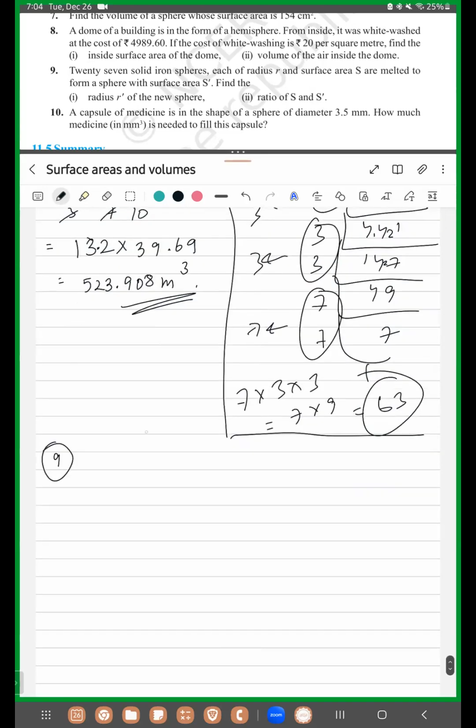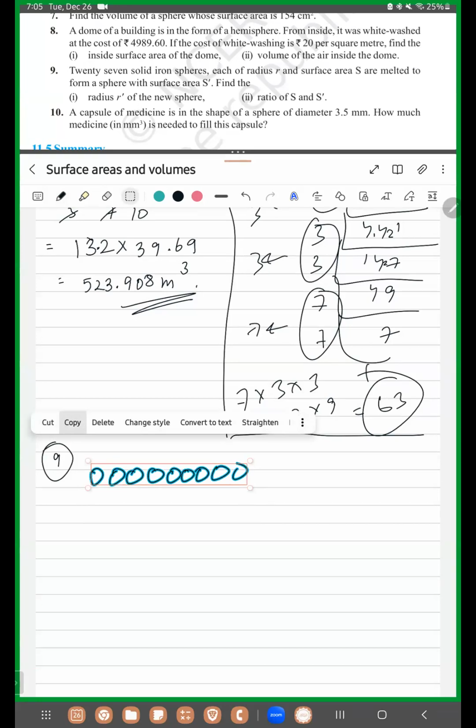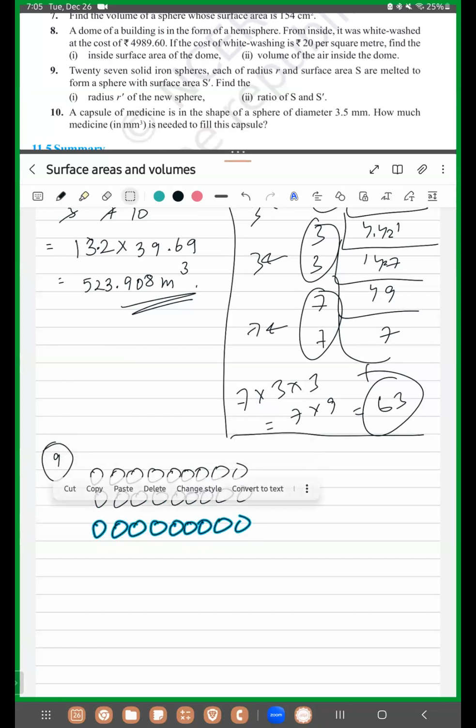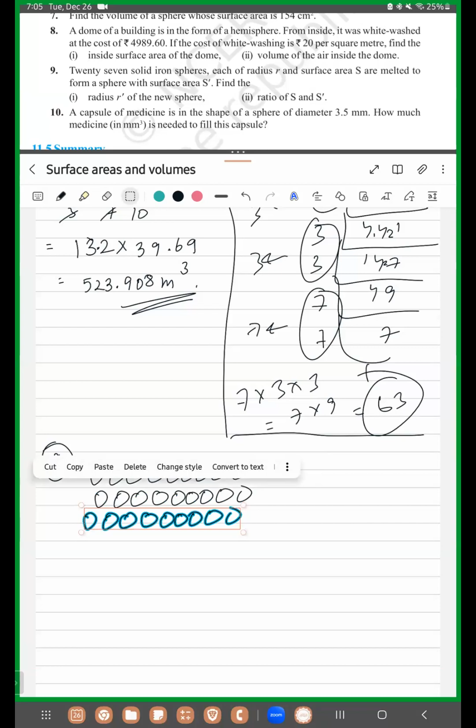So first of all, what is going to be different in these? Let's say there are 27 small spheres of the same radius.